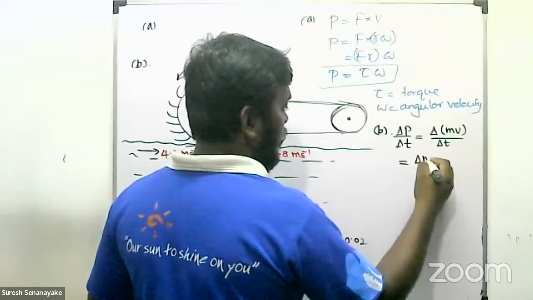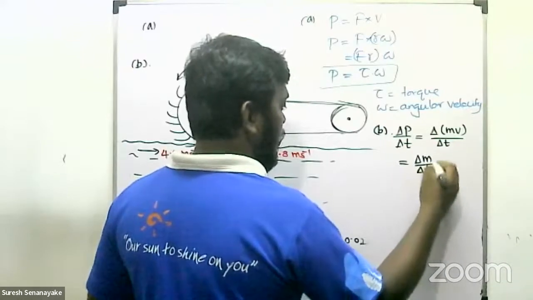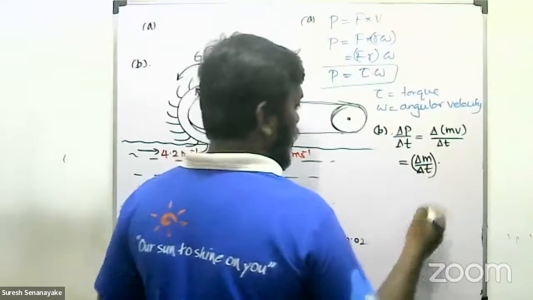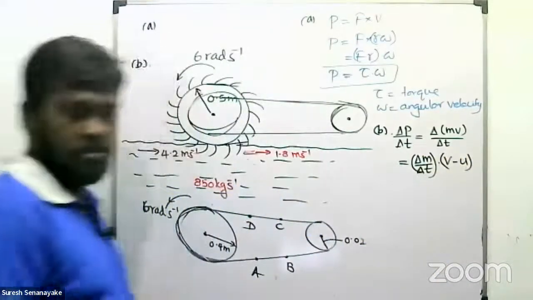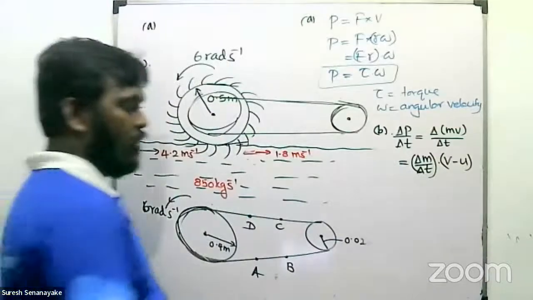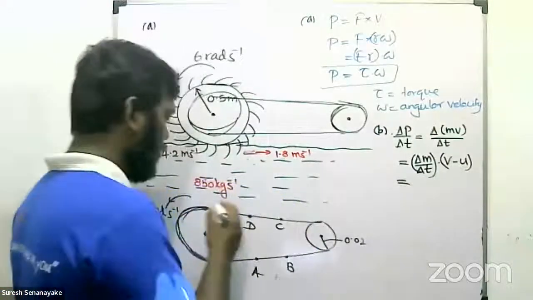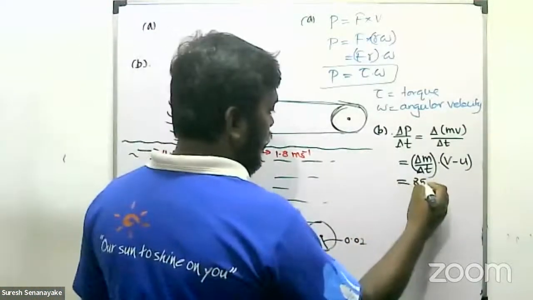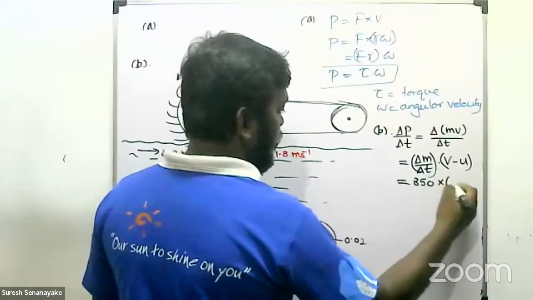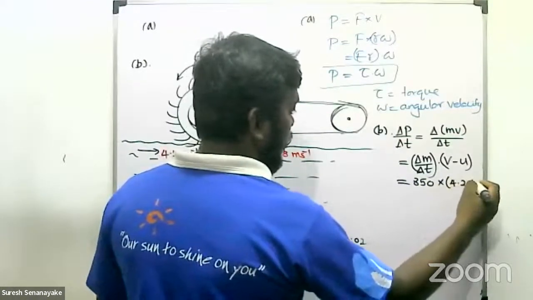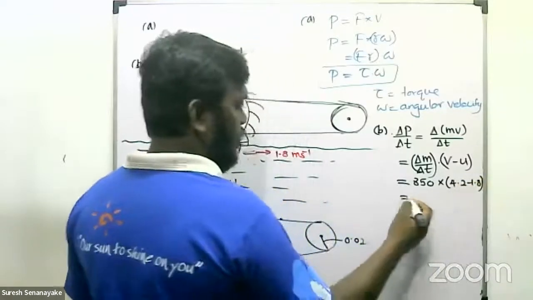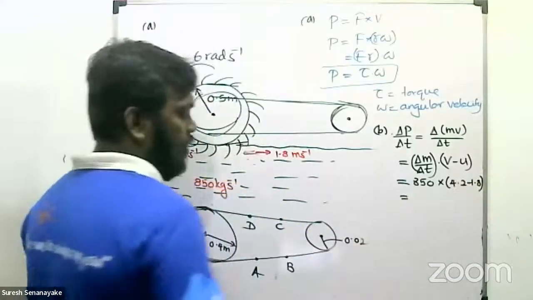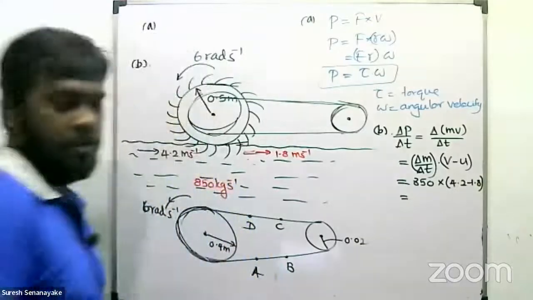You can write delta m over delta t as the mass flow rate, multiplied by v minus u, the velocity change. The mass flows at the rate 850 and the velocity change is 4.2 minus 1.8, which is 2.4, multiplied by 850.